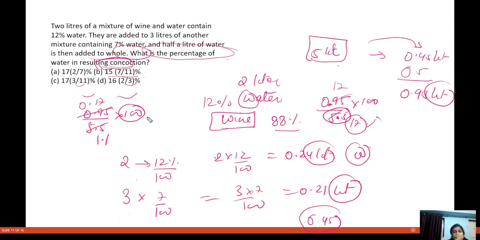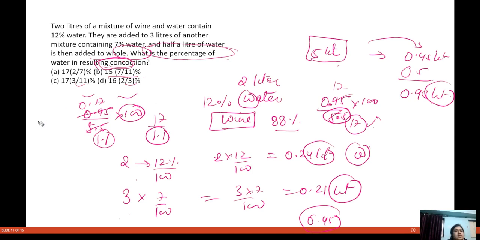This is the ratio we are getting. So you have actually 17 divided by 1.1.